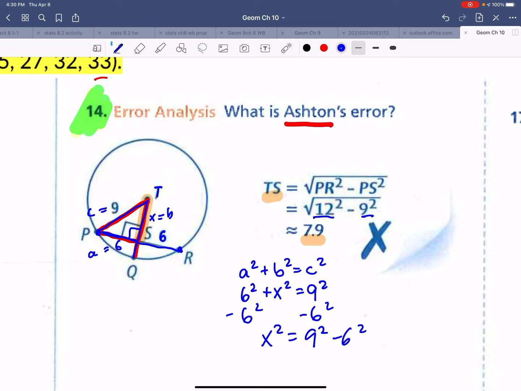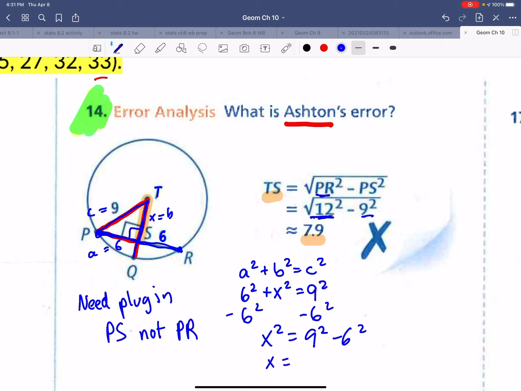See what he did there? He ended up taking PR, the whole distance, and that's not our right triangle. So what was his mistake? He needed to plug in PS, not PR. And this would have given him the length TS.